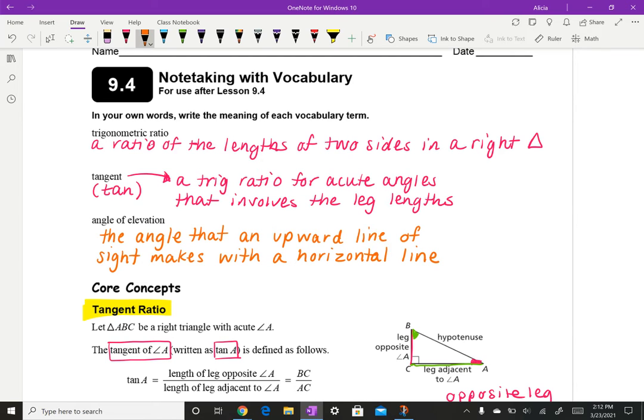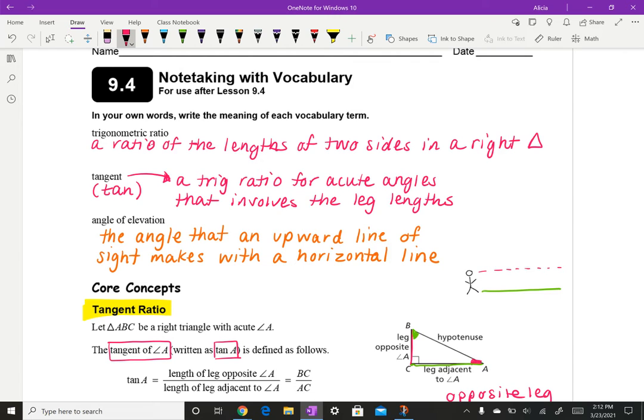Okay, so for example, if this is the ground and you have a person standing here, I'll give them arms. If they were looking straight ahead, it would look like this.